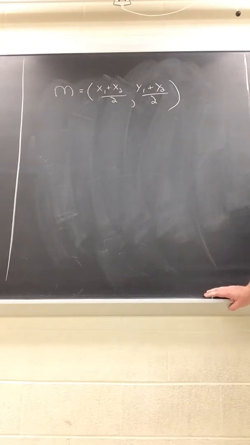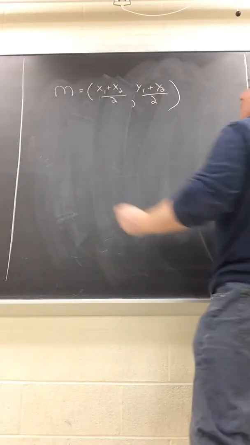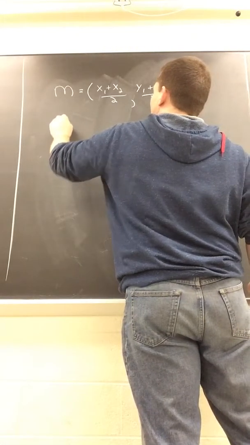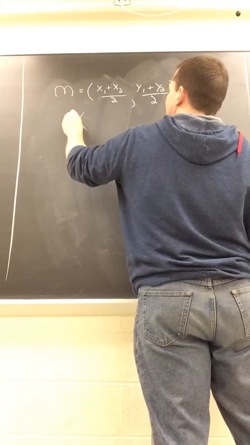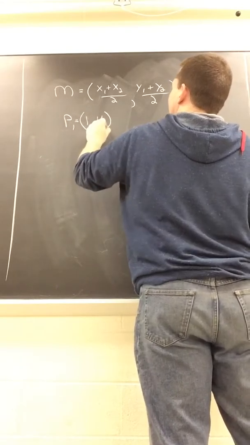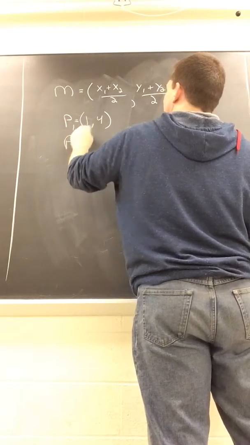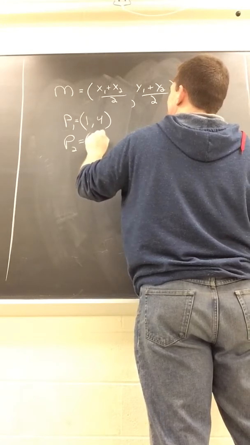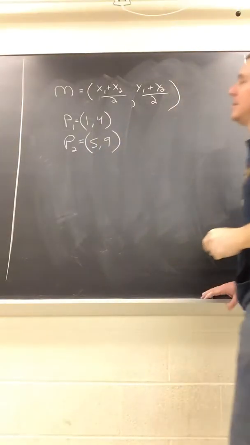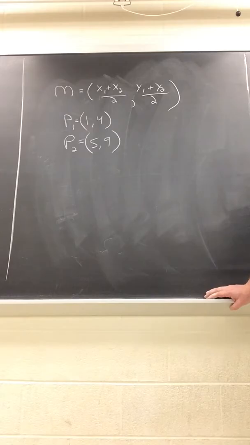Add up the x's, divide by 2, add up the y's, divide by 2. So then, really quickly, suppose we have the points P1 is equal to 1, 4, and P2 is equal to the point 5, 9. Find both the distance and the midpoint between those 2 points.